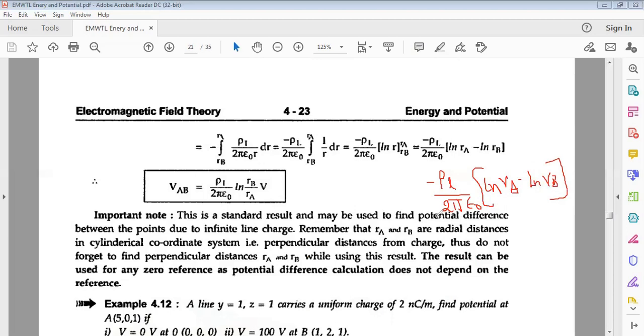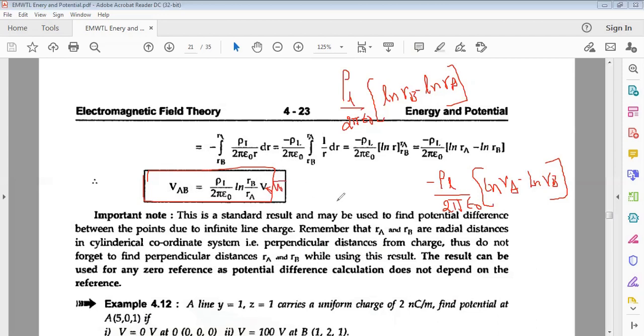Otherwise, you can write this as ln of RB by RA, since the minus sign is there. Multiply by the negative sign, then it becomes rho L by 2 pi epsilon naught into ln of RB minus ln of RA. Got it, my students? You can also write this as RB by RA. So V is equal to rho L by 2 pi epsilon naught ln of RB by RA, in volts.